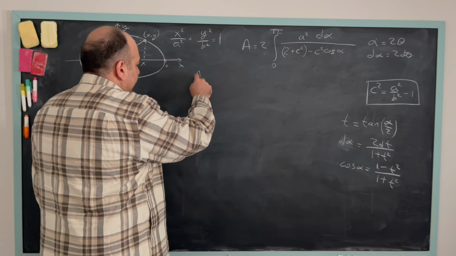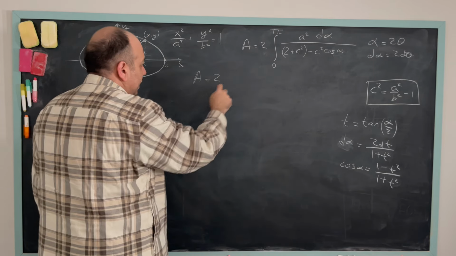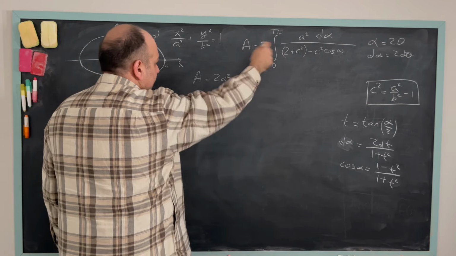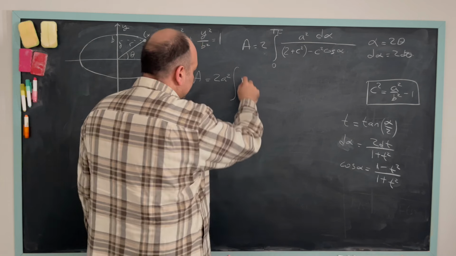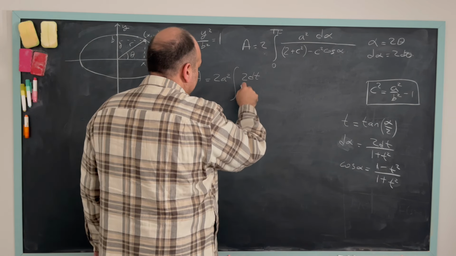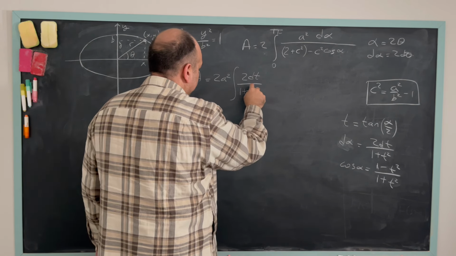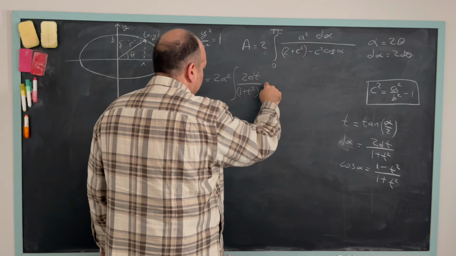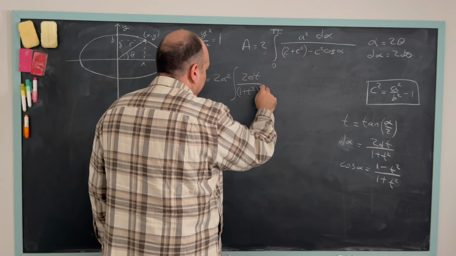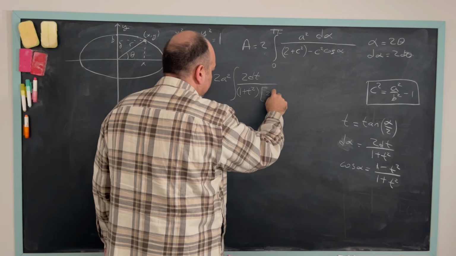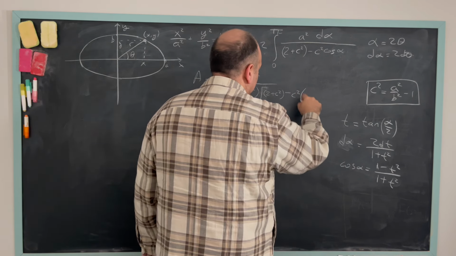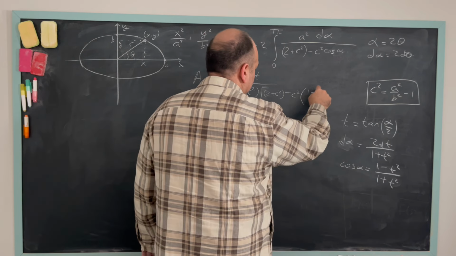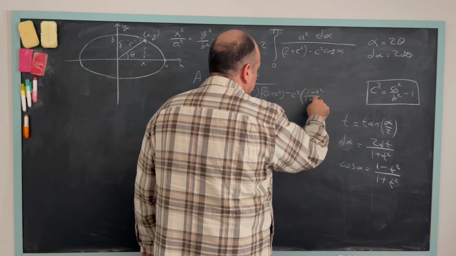So the area integral becomes 2 times a squared, put a squared out, integral. So d alpha is 2 dt over 1 plus t squared. Okay? This multiplies with 2 plus c squared here, minus c squared. What is cosine alpha? 1 minus t squared over 1 plus t squared.